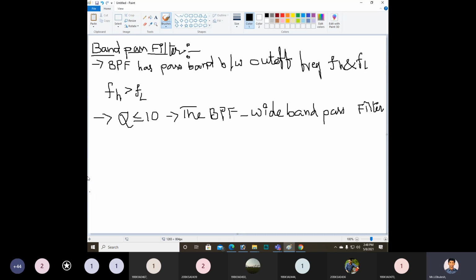The band pass is wide, like a wide band. We get a large bandwidth here.